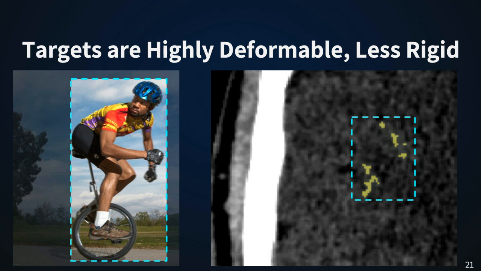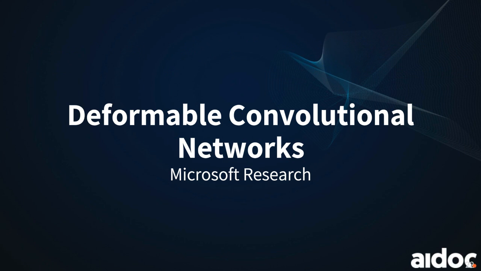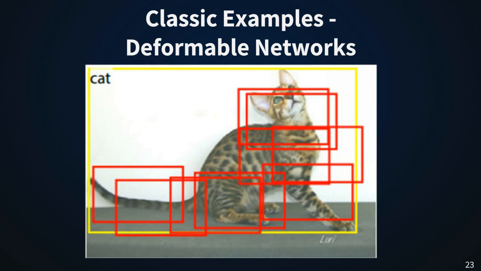And I want to talk about a fascinating paper by Microsoft Research that gave a very nice solution that we used as the basis and we adapted it to solve these kinds of problems in medical imaging. And this solution is called Deformable Convolutional Networks. And they published 2 papers on this subject.